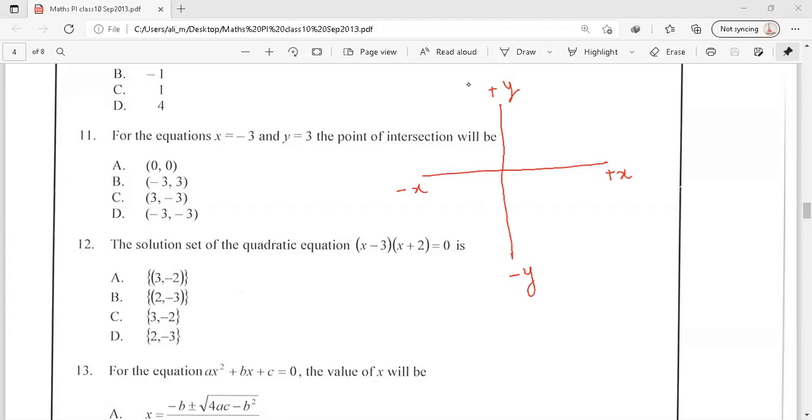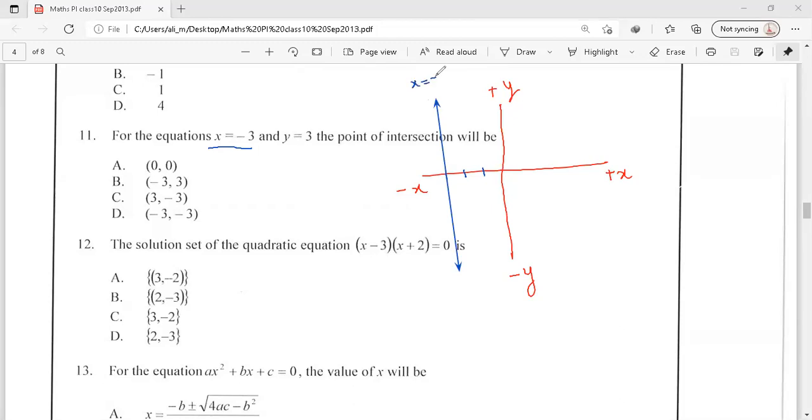So first of all, let's put this line on the graph. x equals minus 3 will be the point minus 1, minus 2, and minus 3. So x equals minus 3 will be this line. This is x equals minus 3.